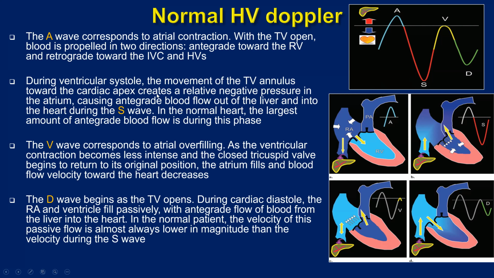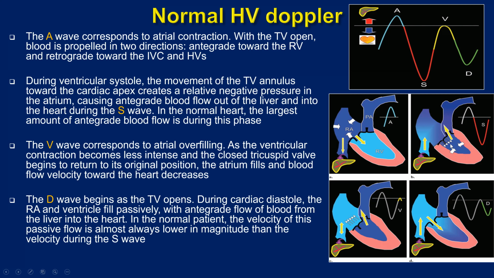During ventricular systole, the movement of the tricuspid valve annulus toward the cardiac apex creates a relative negative pressure in the atria. So we have two things: first, the contraction and descent of the tricuspid valve annulus, because during systole there is contraction of the RV from the base to the apex.